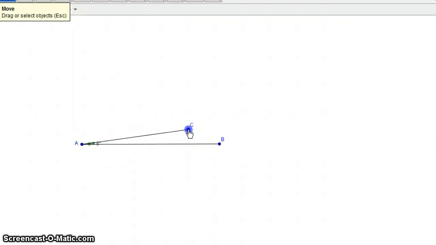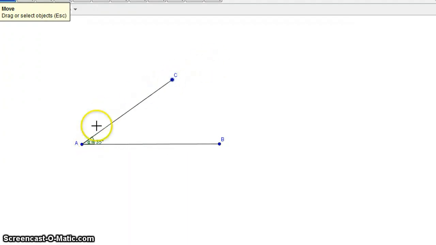If we move the arm AC, the degree or the size of the angle increases. Now notice what happens. Let's set the angle at 35 degrees. See, 35 degrees. Now this arm AC has a certain length and this arm AB has a certain length. Does the length affect the size of the angle?